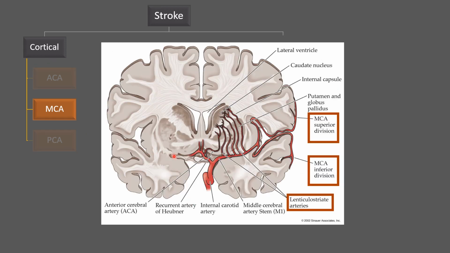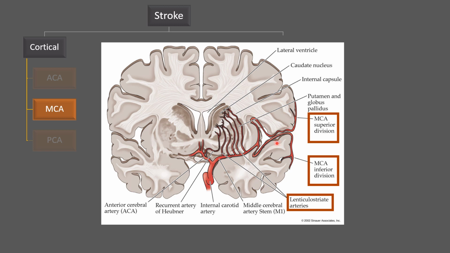This is the internal carotid artery, this is the middle cerebral artery, and these are some branches. It has two main branches, the MCA superior division and the inferior division. The superior division is responsible for what we talked about earlier in the MCA syndrome: the paresthesia, weakness, facial drop, and the frontal eye field involvement, the gaze deviation toward the lesion.